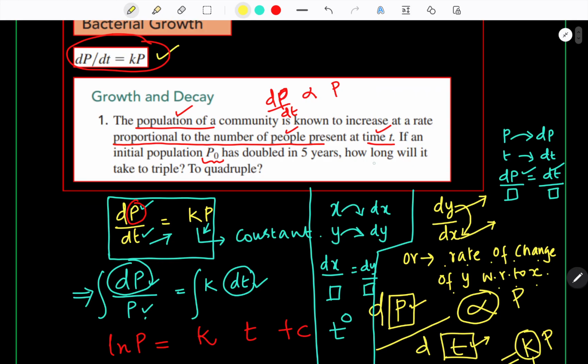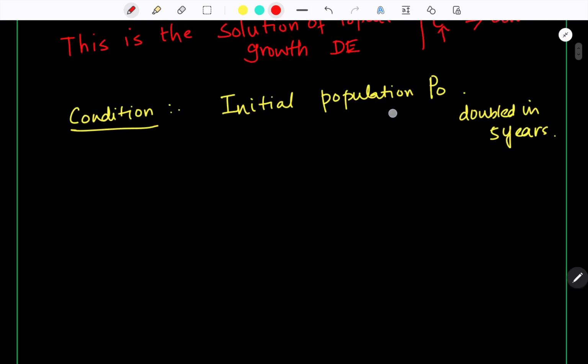How long will it take to triple? And how long will it take to quadruple? So how long means t is equal to question mark. When the population will become triple, t is question mark. When the population will become 4 times, quadruple means 4 times. So what is the question?